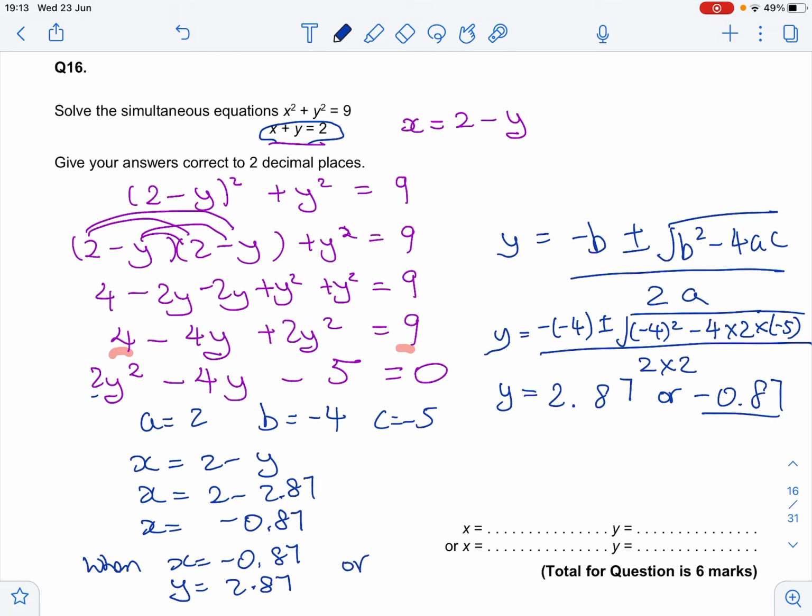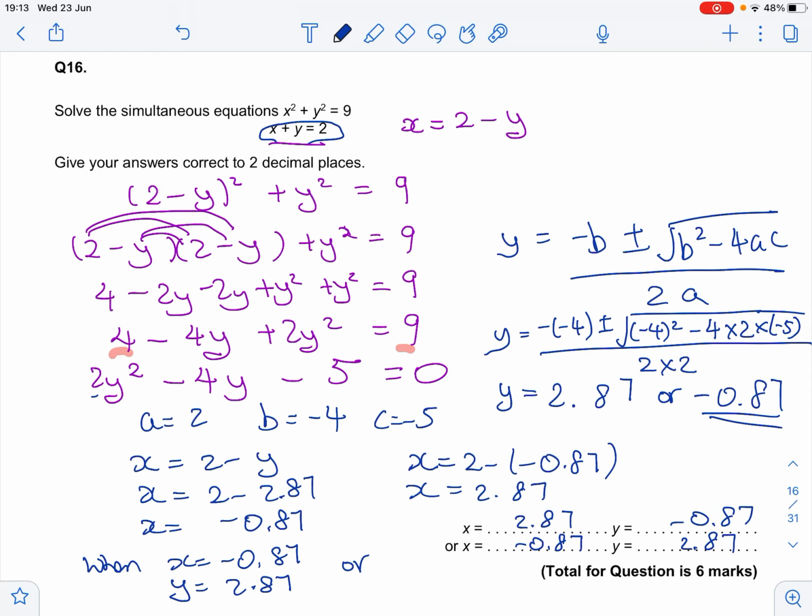Or our scenario 2 is when y is minus 0.87, x equals 2 minus minus 0.87, which is 2.87. So we have our solutions: when x is 2.87, y is minus 0.87, and when x is minus 0.87, y is 2.87.